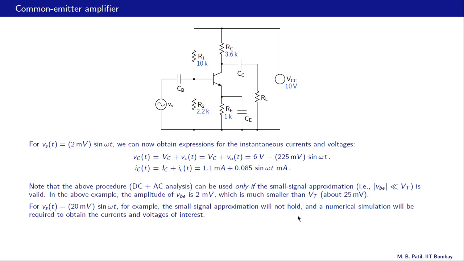In that case, a numerical simulation will be required to obtain the currents and voltages of interest. In this kind of simulation, the transistor model is considered, for example, the Ebers-Moll model or a more advanced model like the Gummel-Poon model, and the circuit equations for the entire circuit are then solved simultaneously to obtain the solution.